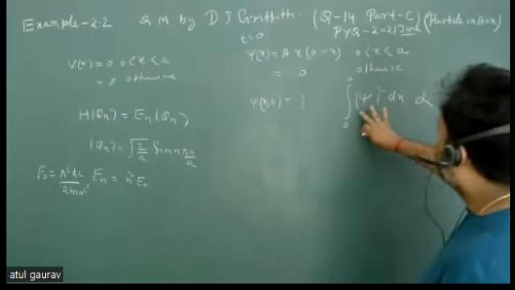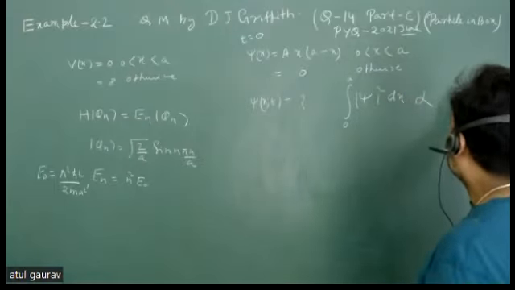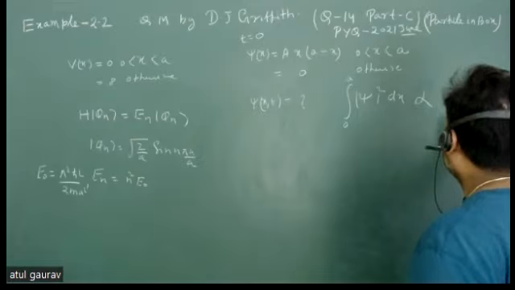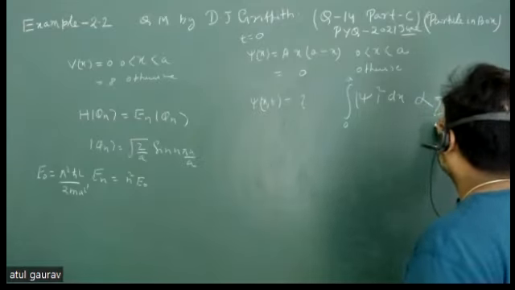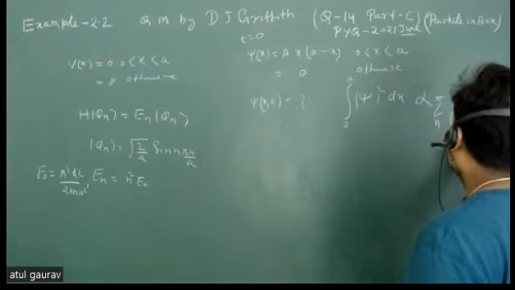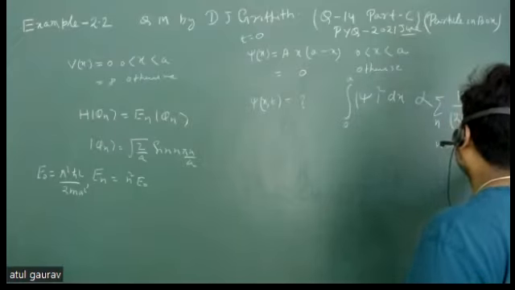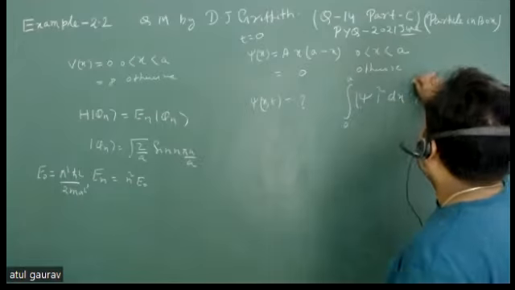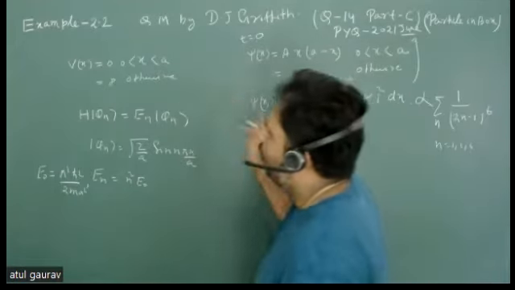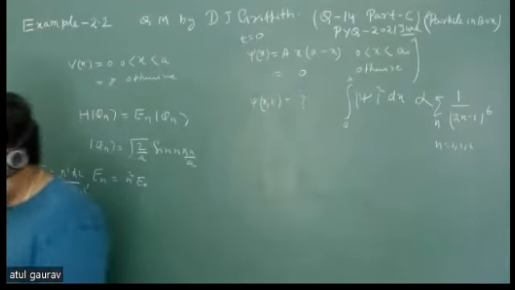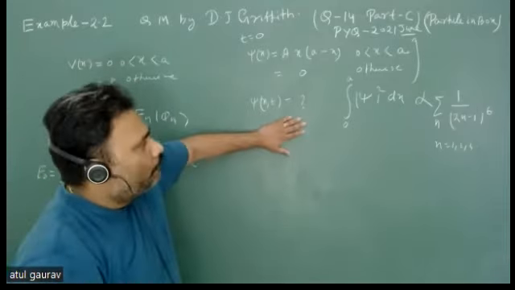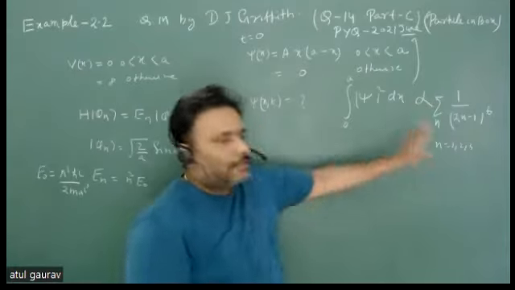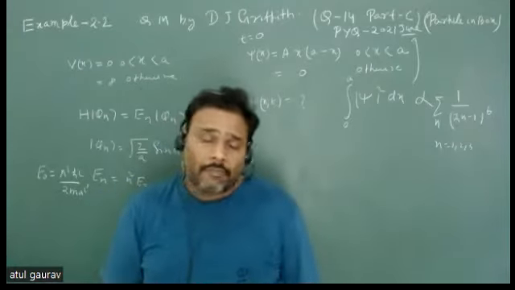We have to prove that mod psi squared dx is proportional to the summation over n of 1 upon (2n minus 1) to the power 6, where n is 1, 2, 3, and so on. This is in the PYQ and also in D.J. Griffiths 2.2. We will solve it completely, because the concept is exactly the same.